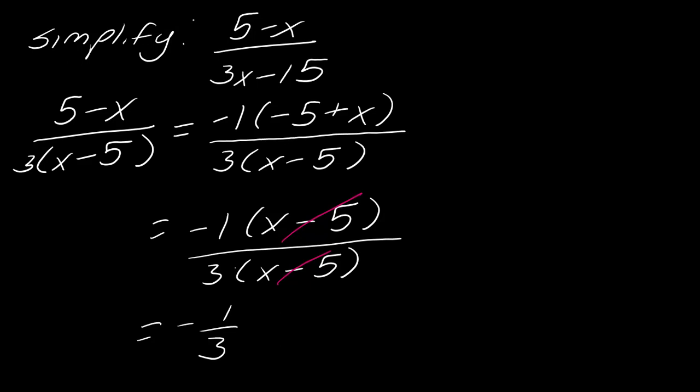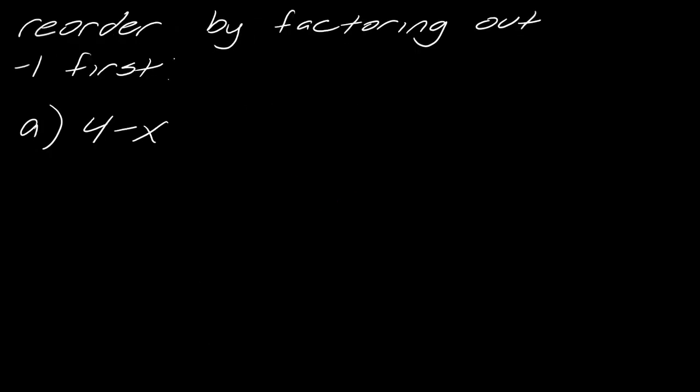Okay, so now let's practice a skill that we need for this. We need to practice the skill of factoring out -1 and then reordering the expression. I'm going to show you the long way to do this, but then I'm going to show you what our eventual goal is.